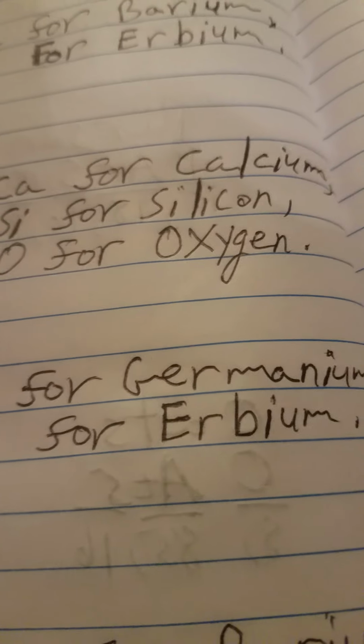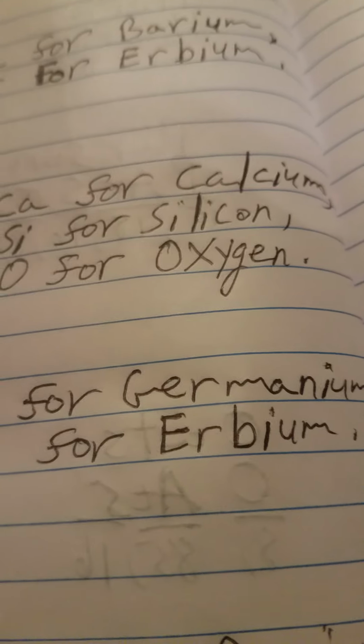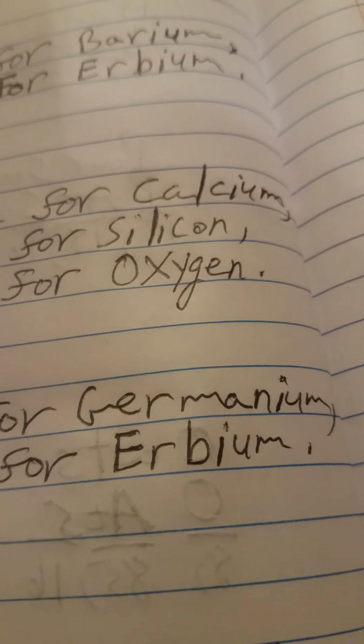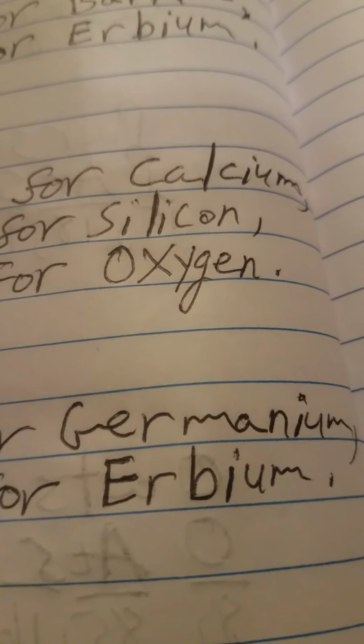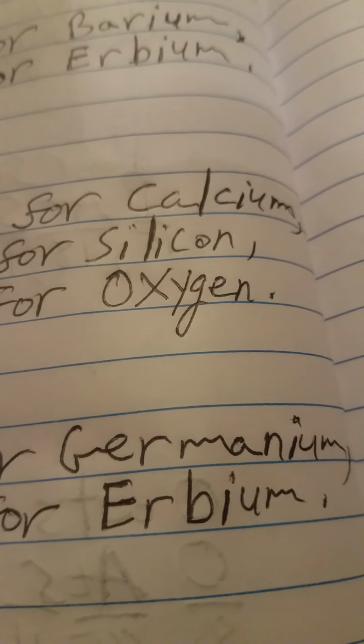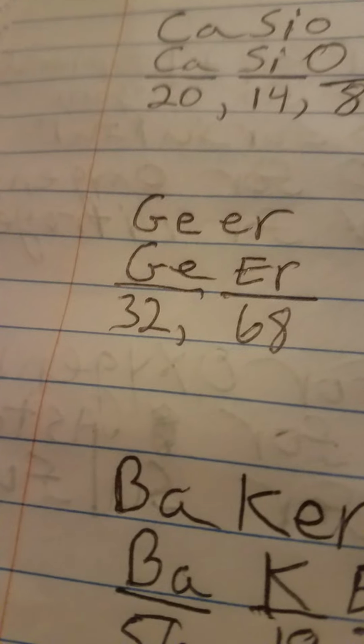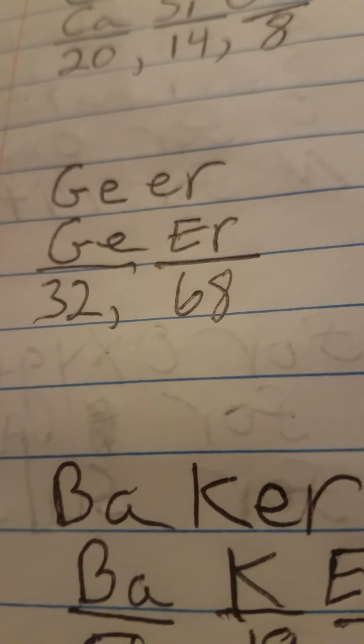All you have to do is find the word German, and then put I-U-M after the word German. Germanium, G-E-R-M-A-N-I-U-M. Then we've got the capital E and a small r for erbium, with an atomic number of 68.